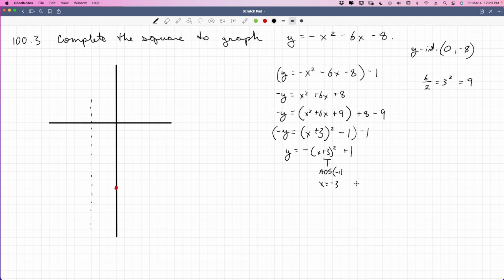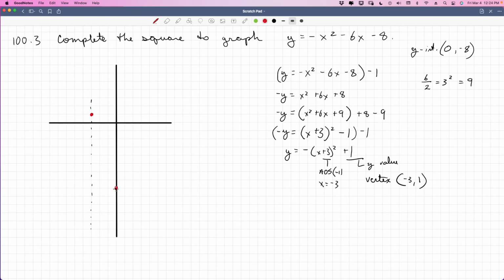And here's our y value. So our vertex is going to be (-3, 1). And we're going to plot that right here. There's our vertex.